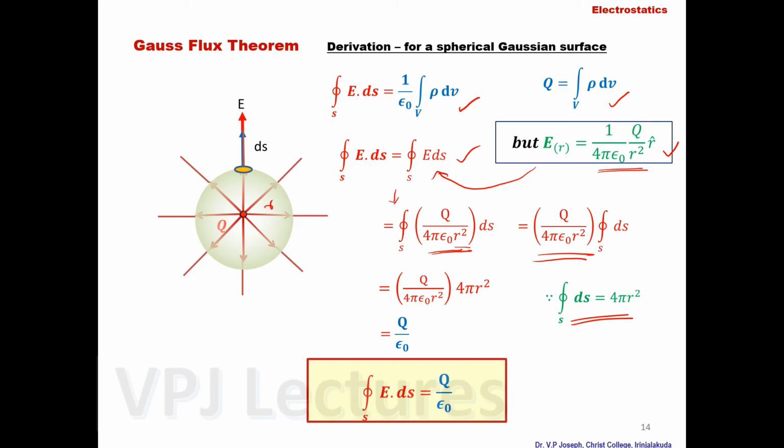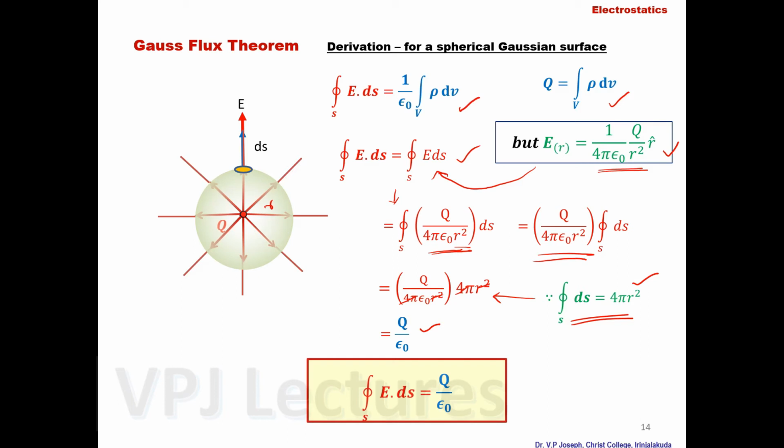We are substituting that value here. So the expression changes to q by 4 pi epsilon 0 r square into 4 pi r square, and cancelling this 4 pi r square, we get it as q by epsilon 0.